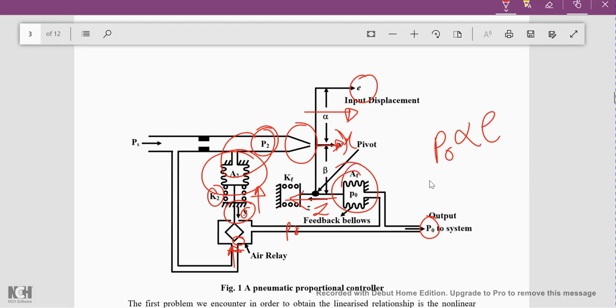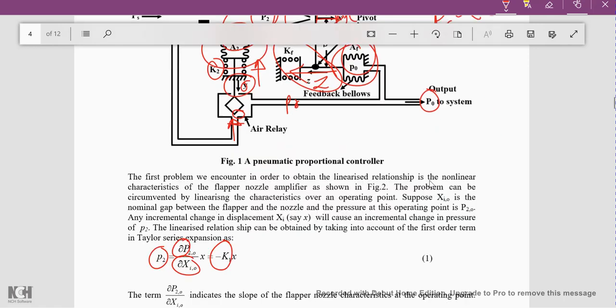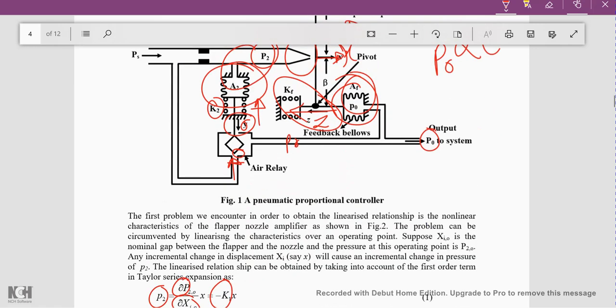So here P naught AF is changing Z and KF. Okay, so this input value will be equal to this output value here. So the equilibrium condition is obtained when both are same. Whatever input applied expansion and the output expansion are equal here.